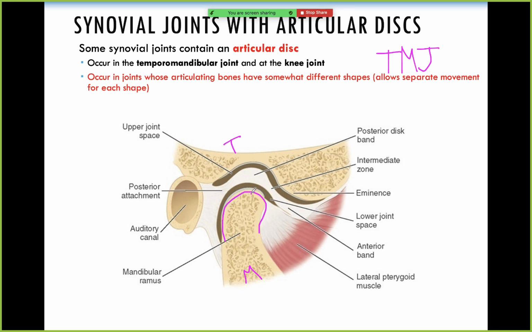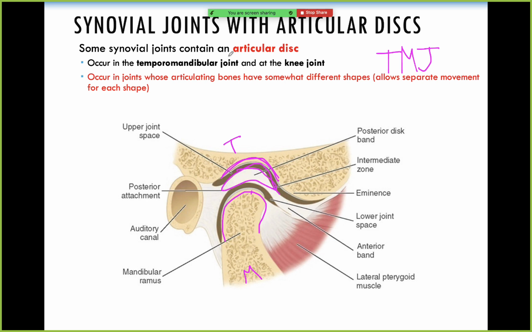It is what actually binds into this ridge of the temporal bone. The takeaway from this slide is that sometimes the bone doesn't fit into the opening of another bone, so we need to provide some sort of adapter, and that's going to be this little disc right here.